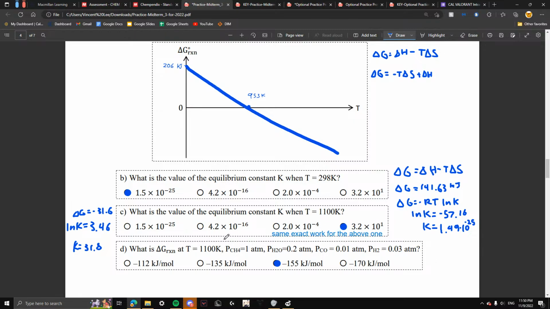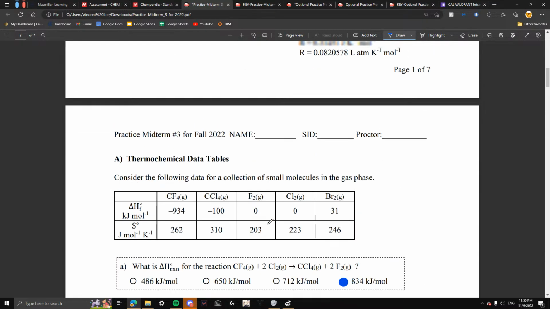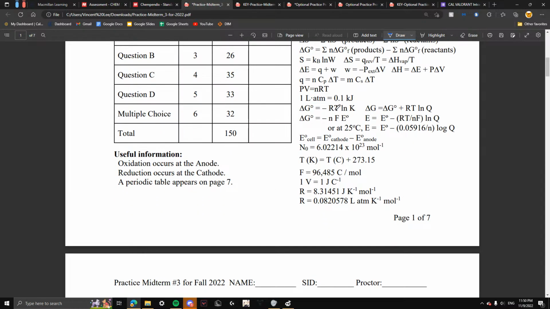And for this, we plug it into the other fancy equation, which is delta G is equal to this mess. Actually, this mess here, because Q is non-standard.